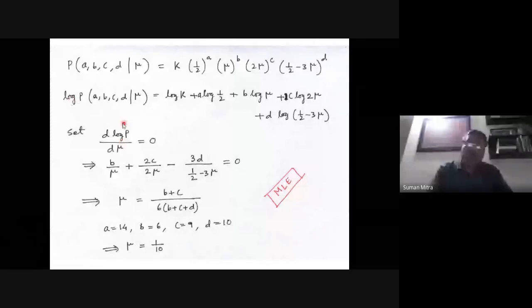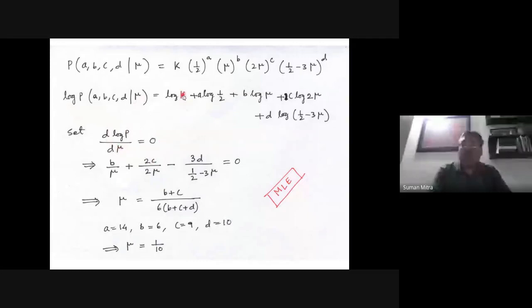So if we want to maximize this likelihood or log likelihood, we have to take the derivative with respect to the unknown parameter. Here we have one parameter, that is why I take d by d mu of log P and equate this with 0. So if we do this, then what will happen?